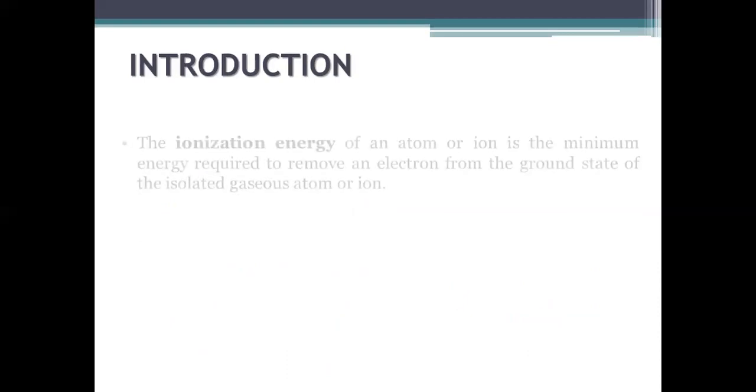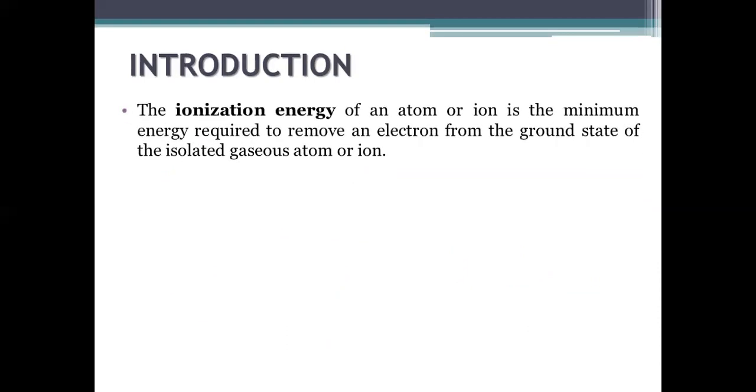Simply, it is the minimum energy required to remove the loosely bound electron from the ground state of an isolated atom or ion. That minimum energy is called the ionization energy.